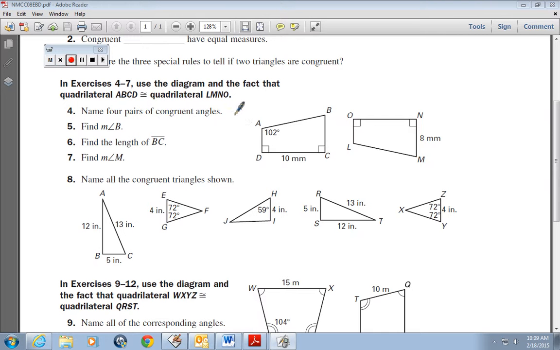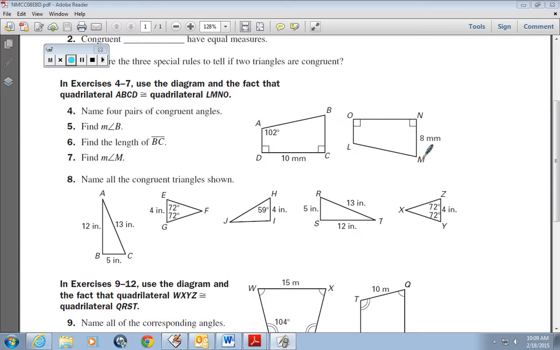And then number 5 says, find the measure of angle B. Well, you look at B and you see that it corresponds to M. Okay, so we're trying to find B, but we know it corresponds to M. Now, we can't find that just yet because we need to figure out what the measure of B is.